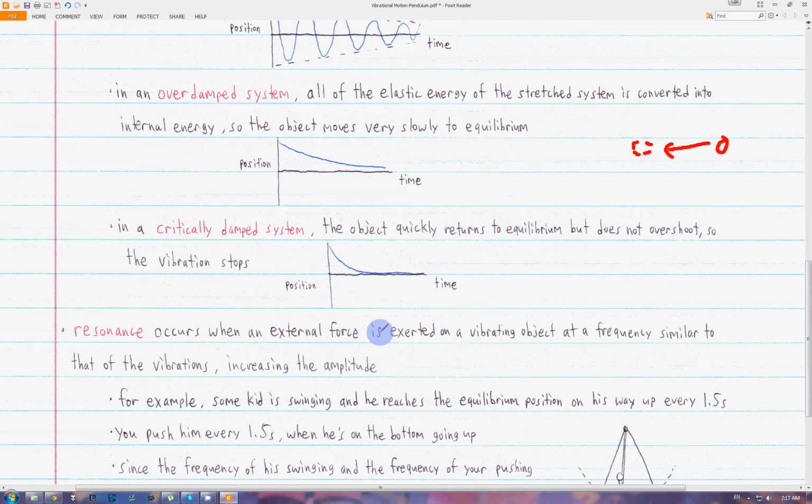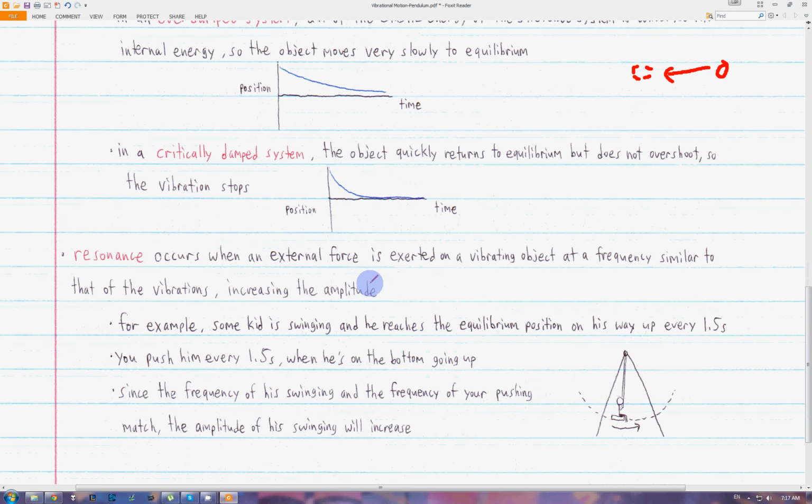So what if we want to make the vibrations continue, even if there's some damping going on? Well, in that case, we can exert an external force on the vibrating object. But it turns out that there's a special condition if we want to actually increase the amplitude of the vibration and keep it going.